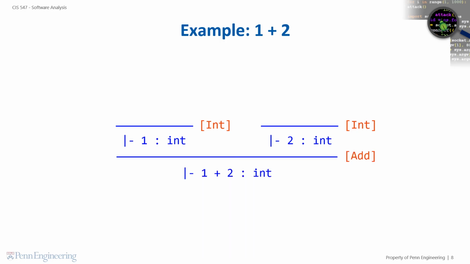Then we can take these two conclusions and plug them in as hypotheses for the inference rule schema add. Because it is provable that 1 has type int and 2 has type int, it is provable that 1 plus 2 has type int. This conclusion completes the derivation of the typing for the expression 1 plus 2.